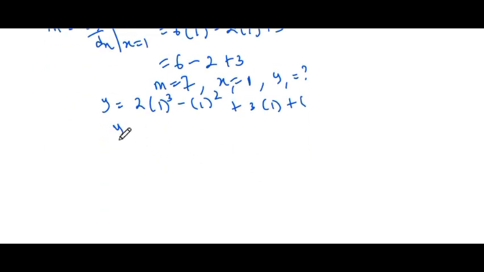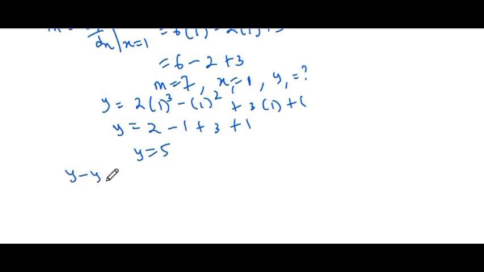So y is equal to 1 raised power 3 is 1, 1 times 2 is 2, 1 raised power 2 is 1, minus 1, plus 3 times 1 is 3, plus 1. So 2 minus 1 is 1, 1 plus 3 is 4, 4 plus 1 is 5. So y is equal to 5. So it becomes very easy.